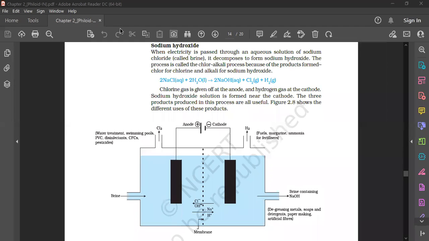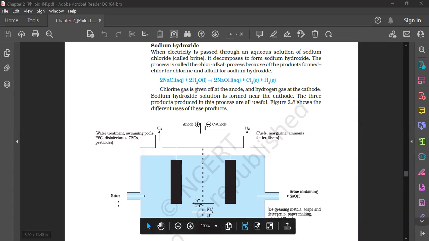In that they are passing the brine solution from one end.